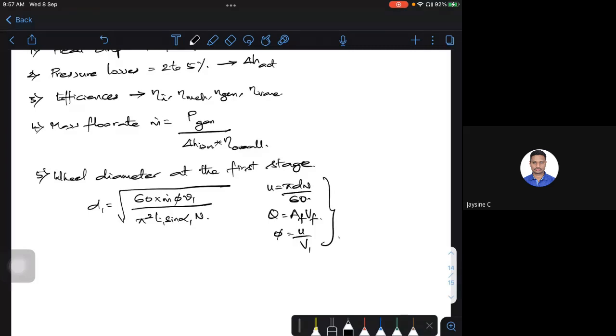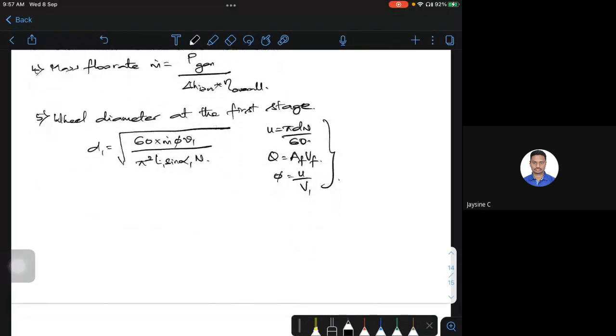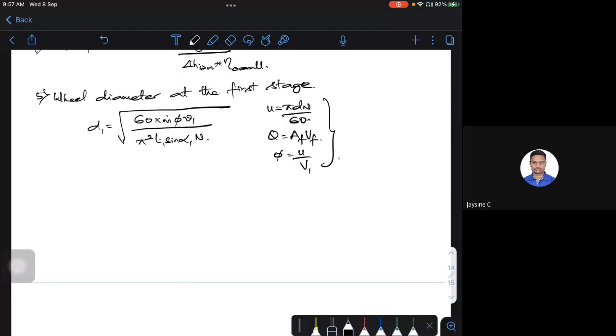Now, what is critical here? The wheel diameter for the first stage of a turbine is very critical here. Now, this L1 is very critical depending upon the value. It should be between 20 to 25 millimeter if I am designing for a small capacity turbine.